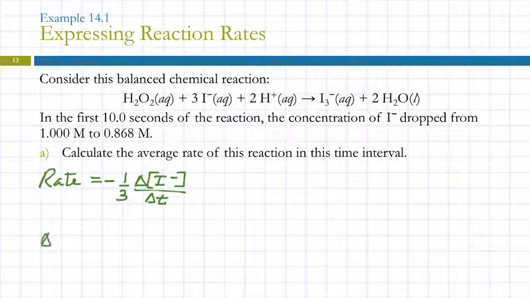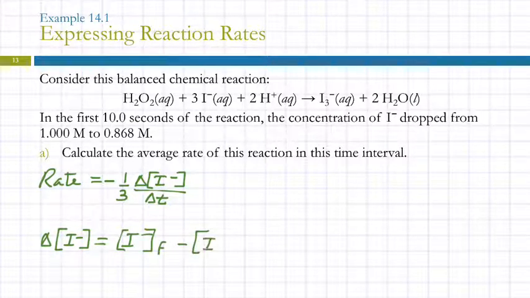So the change in the I minus concentration is the final concentration minus the initial concentration. 0.868 minus 1.000.